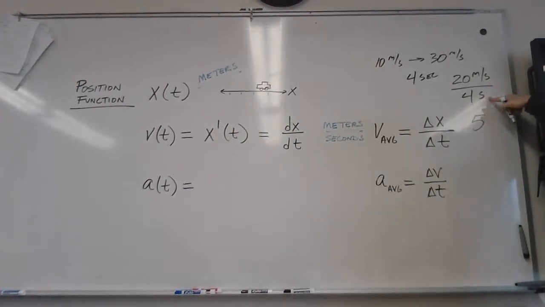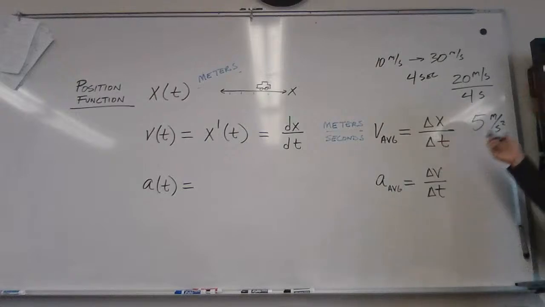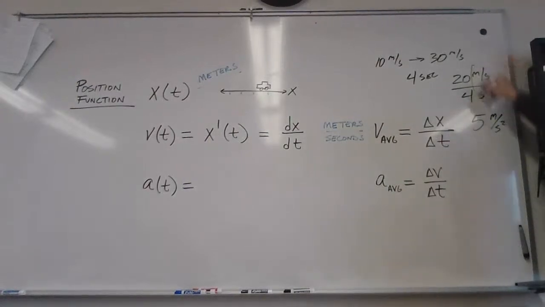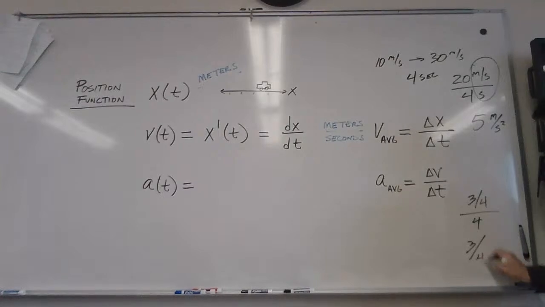right? A lot of times saying "meters per second per second" is a bit of a mouthful, so they just say meters per second squared. Why? What the heck is a square second? You don't really need to think about it that way. It's just how fractions work: m over s divided by s is m over s squared, in much the same way that 3/4 divided by 4 is 3 over 4 squared.